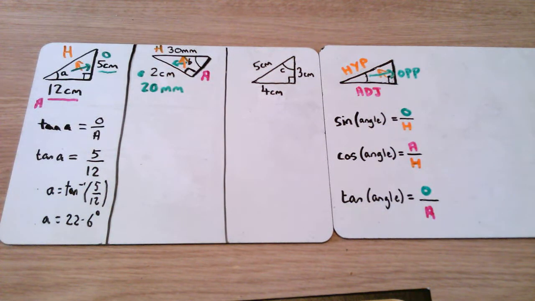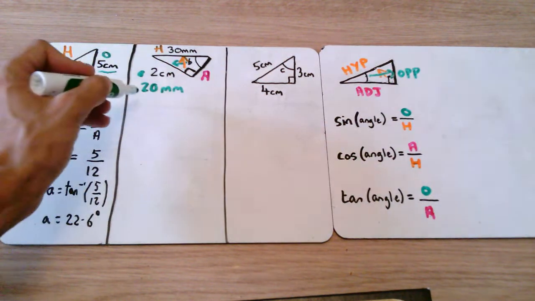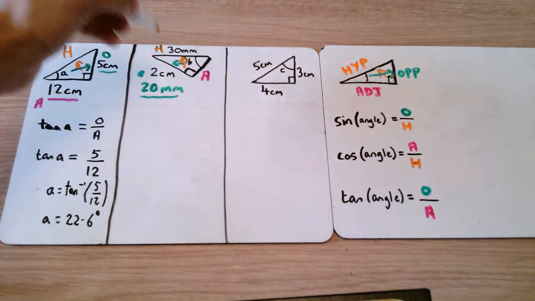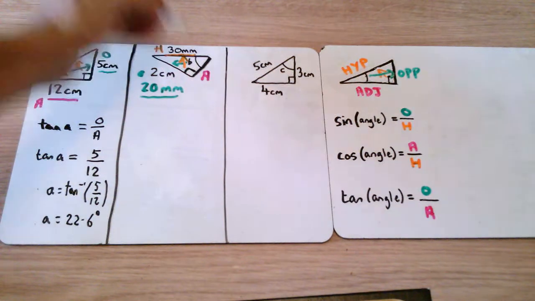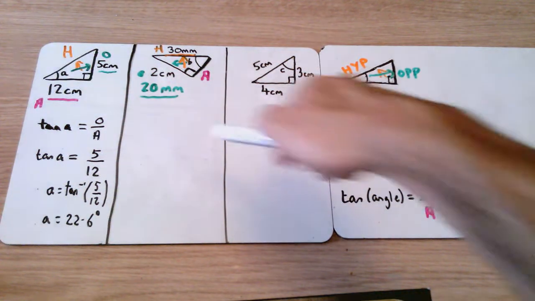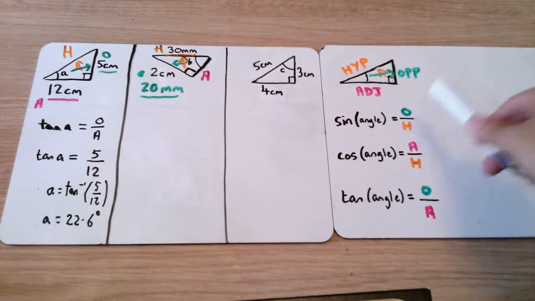It's not what we need. We need the angle. So we're working with, in this case, O, 2 centimeters or 20 millimeters, and we are also working with the 30 millimeters, the H, that's O and H. Bring it to our formulae on the right hand side. O and H is sine, very, very first one.